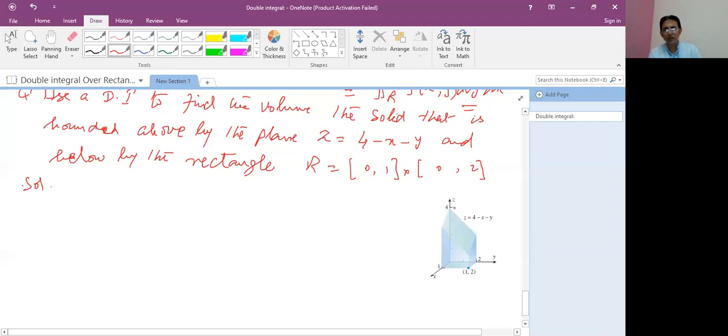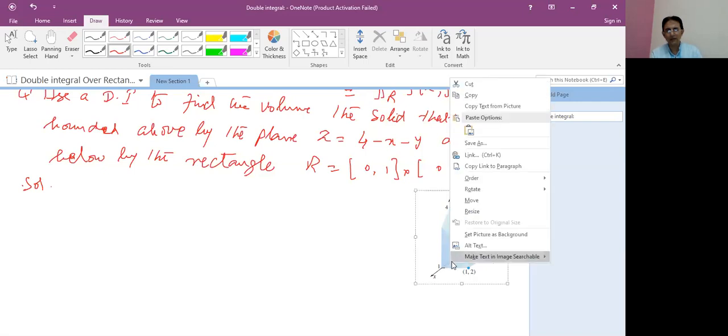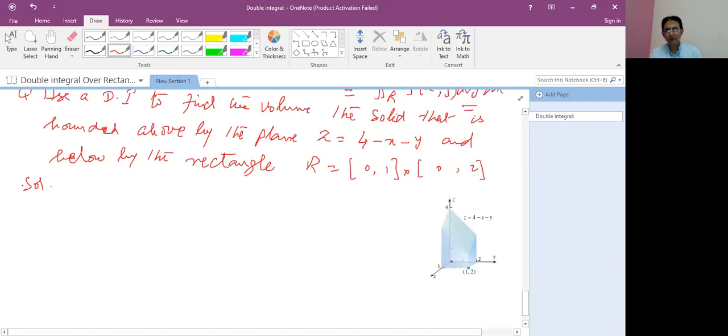It means the value of z is 0 to 4, the value of x is 1, and the value of y is 2. So we consider the limit of x is 0 to 1 and the limit of y is 0 to 2.